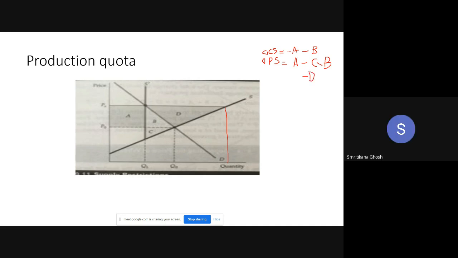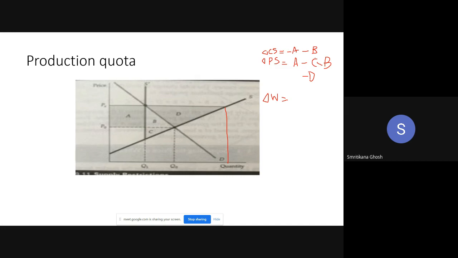So look at the loss of the producer, B, C, D. And look at the loss of the consumer, A and B. If you look at the welfare loss, A is given by the consumer and it is received by the producer. So the A part is solved.